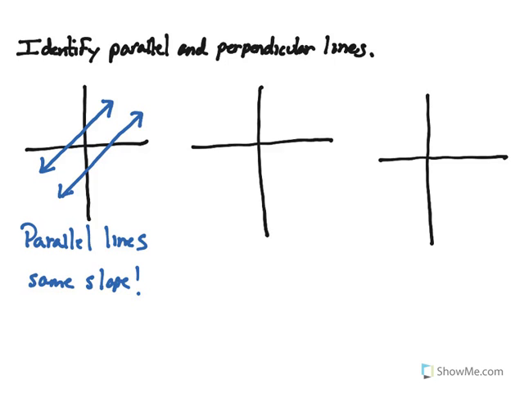Okay? The other situation is that you can have perpendicular lines, and when that happens, it's going to form a 90-degree angle. A perfectly 90-degree angle. Okay? So that's called perpendicular lines.